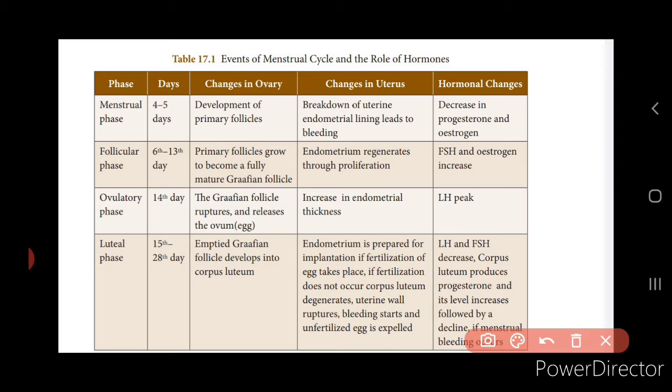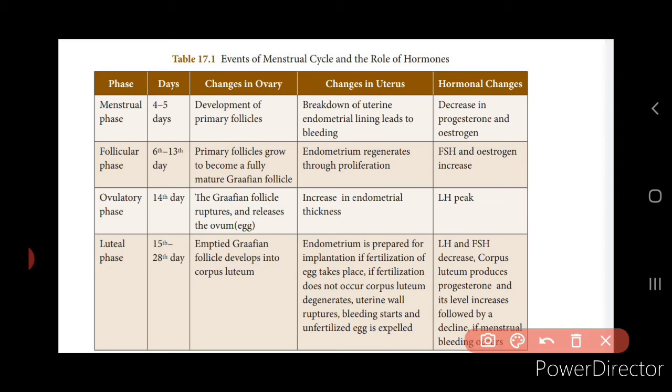Here you can see in the tabular column, the first is the menstrual phase, which is called the destructive phase, you can say. The other one is the follicular phase, the proliferative stage, the next one is the ovulatory phase, and the next is the secretory phase, or the luteal phase.